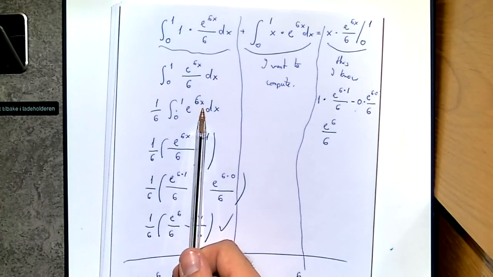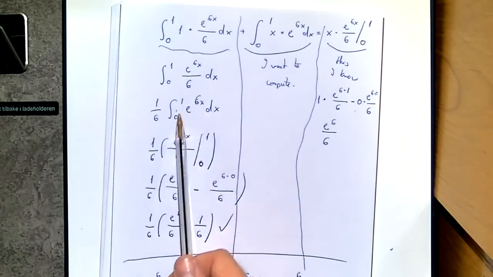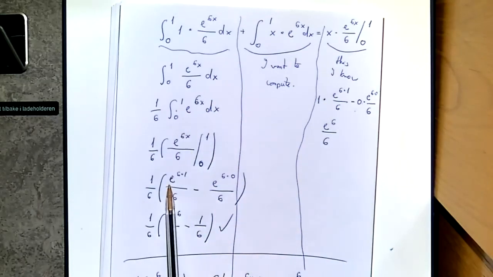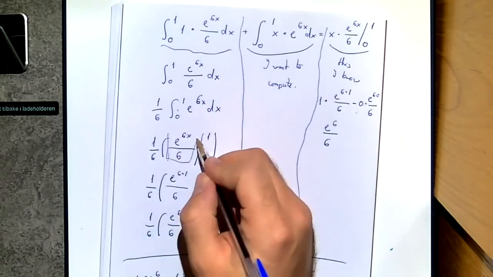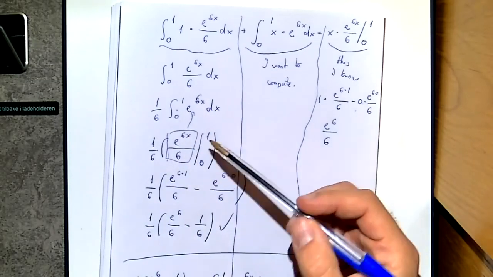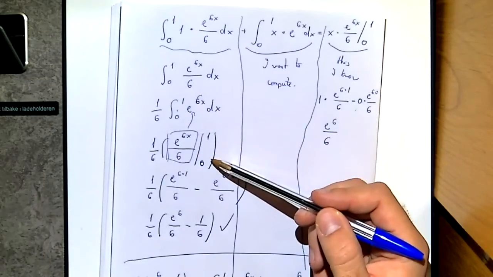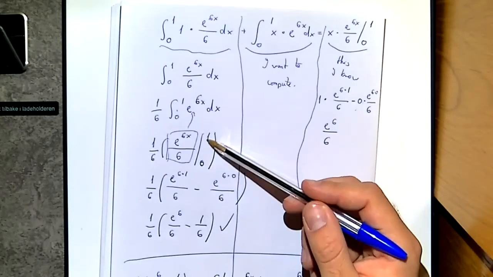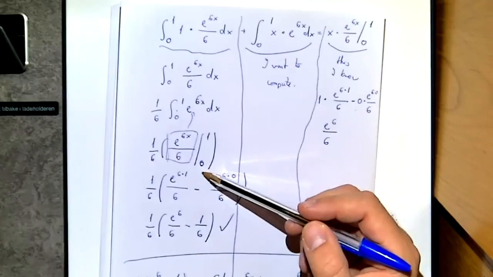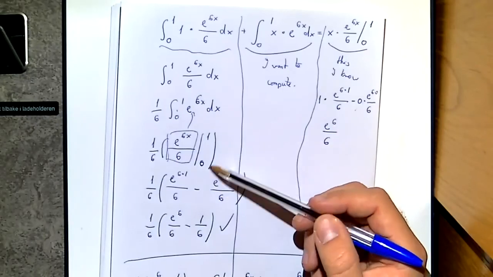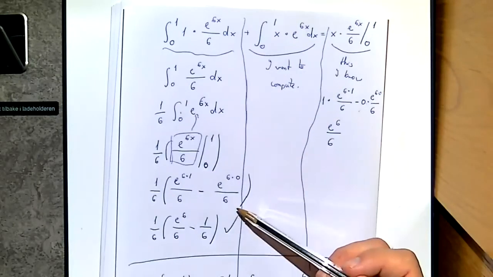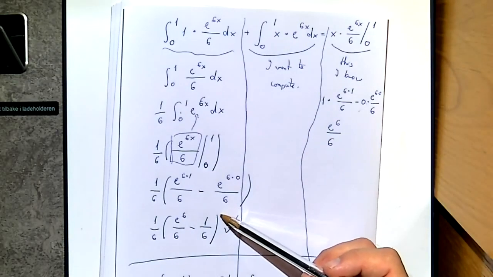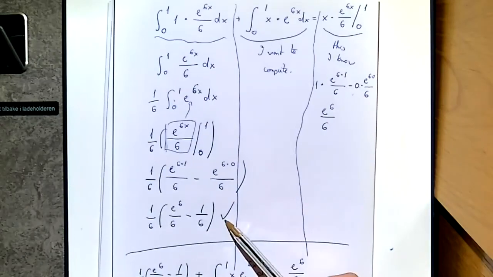So this you can compute. This is the antiderivative of this. And as you work with definite integrals, you just evaluate between 0 and 1, which is a fancy term for replacing the bigger value and subtracting the smaller one. Did that, got this result.